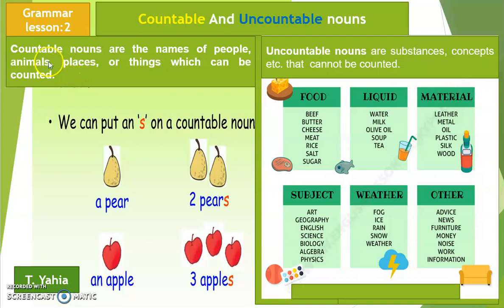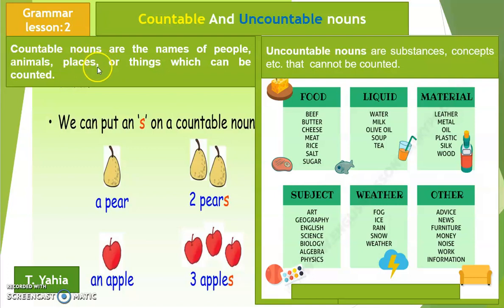So the first definition, or the meaning, of countable nouns: they are the names of people, animals, places, or things which can be counted. So that means here the countable noun, we can count. This can be people, or animals, or places, or object things.